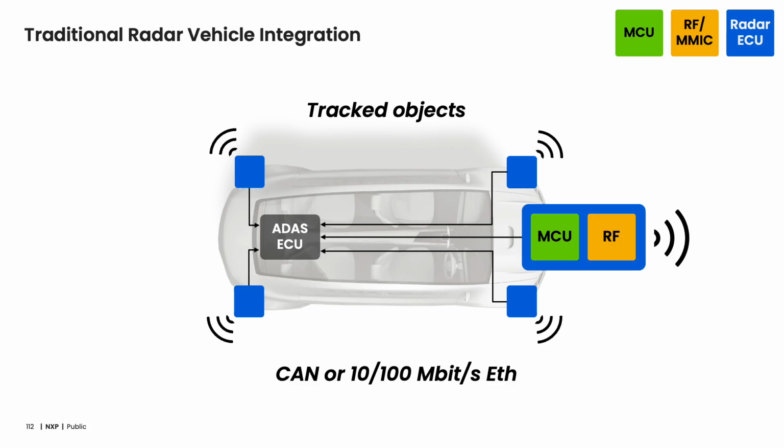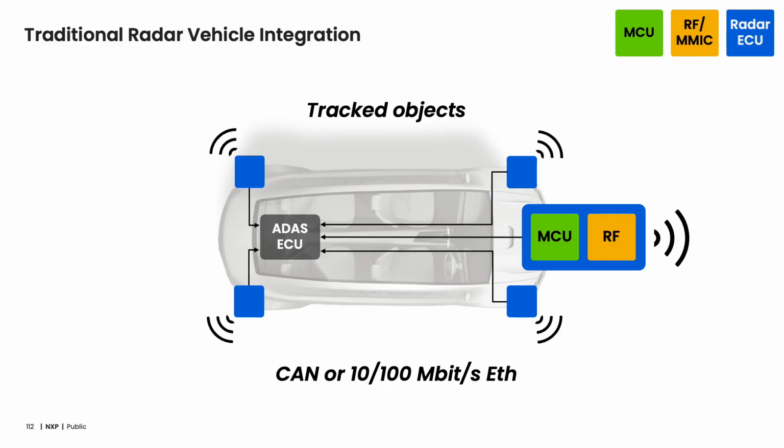Here, each of the radars has an MCU or a microprocessor inside with some sophisticated DSP capabilities, and also the RF there. So these edge sensors can be one-chip radar devices. NXP has several products in that style, or they can be separated MMIC and MCU combinations.